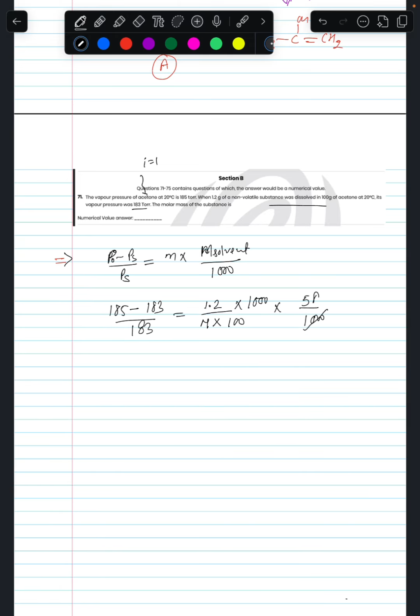So 2 by 183 is equal to 1.2 into 58 divided by molar mass into 100. So molar mass will be 1.2 into 58 divided by 100 into 2, which is 63.6, approximately 64. So the answer will be 64 gram.